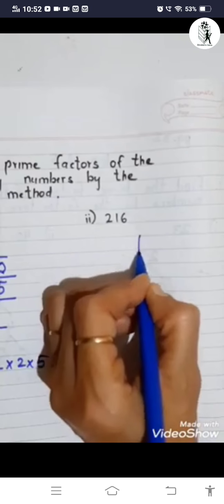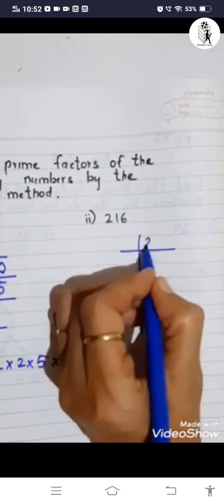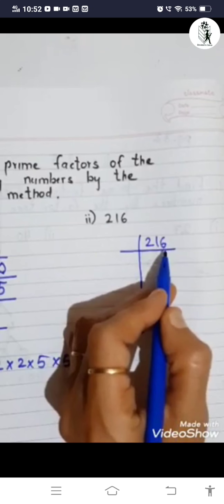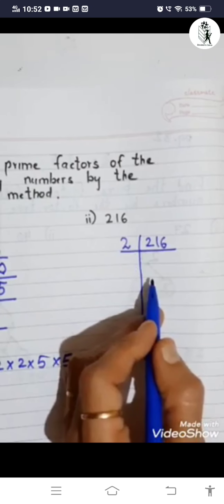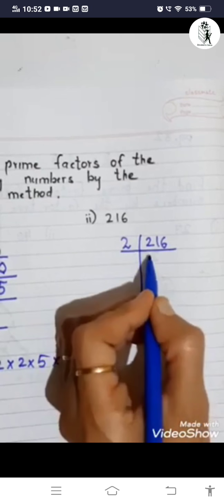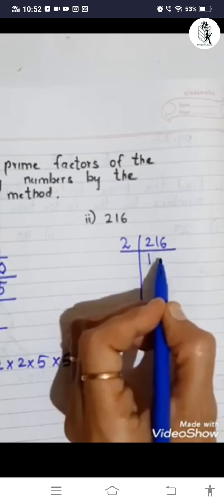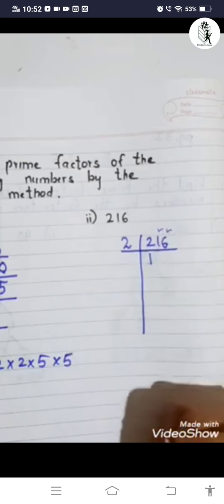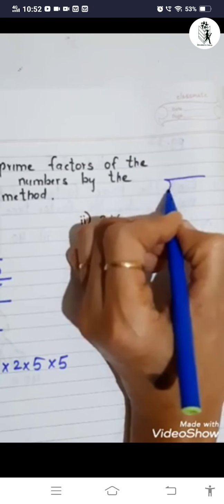Okay, now let's see this 216. Fine. Same way we will draw a line. We will take 216 on the right hand side. Since the units place is an even number, we will begin with 2 because every even number is divisible by 2. 2 1s are 2. Now don't write directly 2 8s are 16 because we are taking two digits together. Let me show you why.